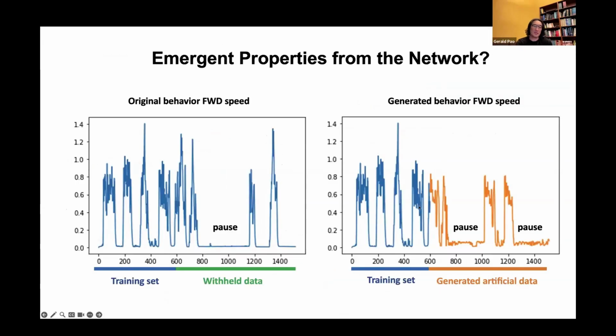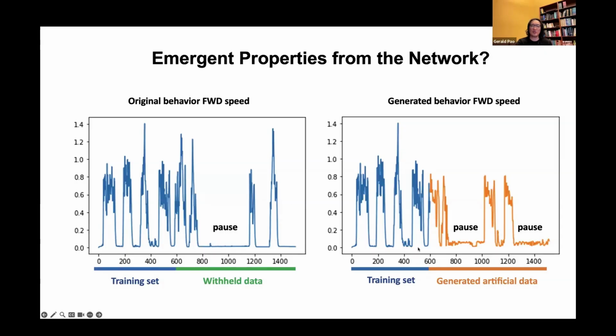Okay. So this is a big surprise that we had. When we actually used the data, we had a training set here, and there was withheld data that we never used to train. But the withheld data had these long pauses where the fly was doing nothing. In the training set, there were never these long pauses.